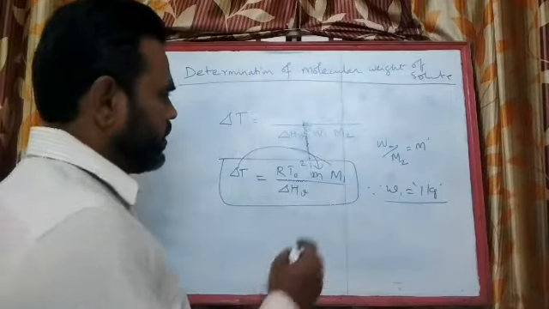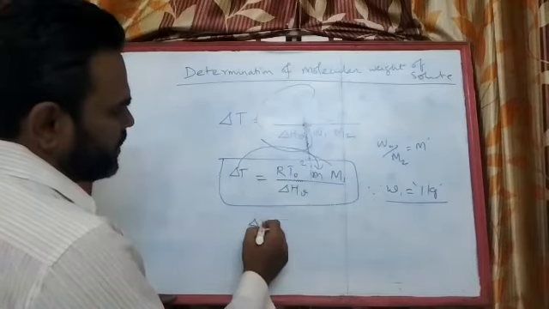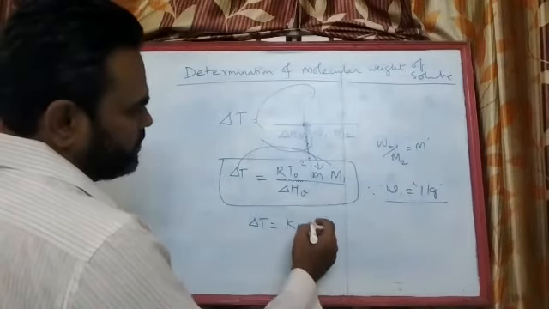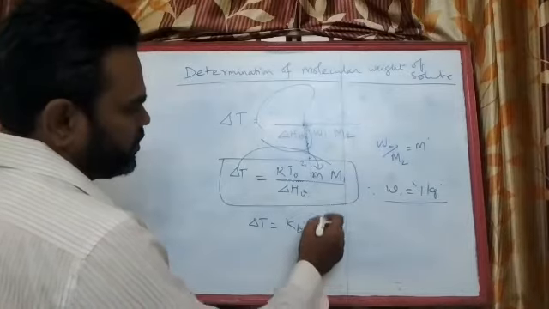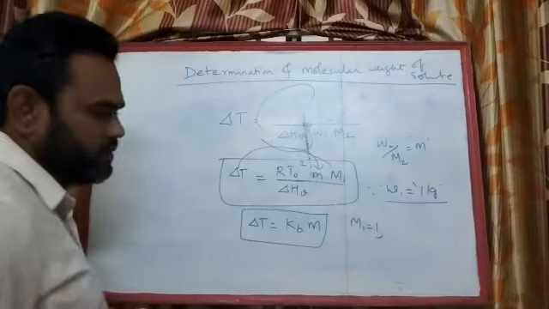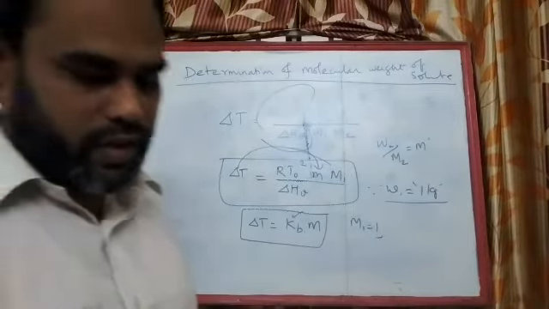It is popularly known as delta T equals Kb into small m, where m equals 1. This is the molar ebullioscopic constant we have derived.